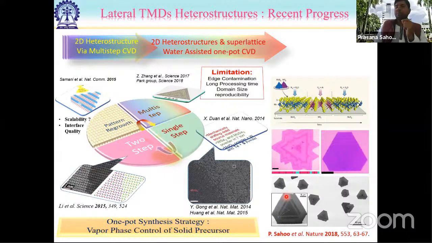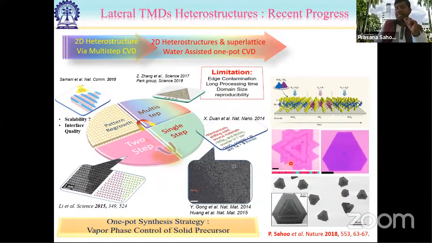Simply by changing the carrier gas from a water-rich environment to hydrogen, I am able to switch the growth of material from one side to the other. So here you can see we can make all of them laterally connected like this. You grow one material, then you stop its growth and grow the other material. Then you can continue like that. You can control an indefinite number of domains.